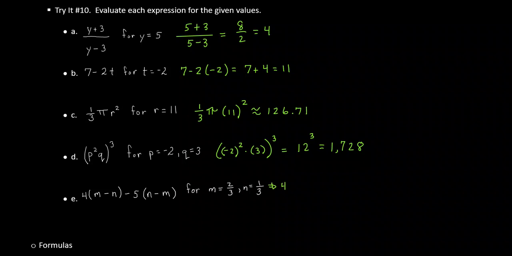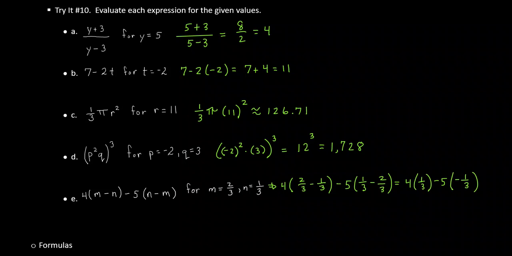The last one here, plugging in the fractions, you get, plugging in 2/3 for m, and n is 1/3, minus, plug in 1/3 first, minus 2/3. So this is equal to 4 times 2/3 minus 1/3 is 1/3, and 1/3 minus 2/3 is -1/3.